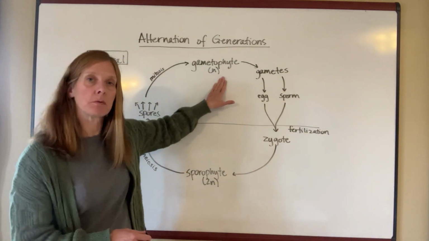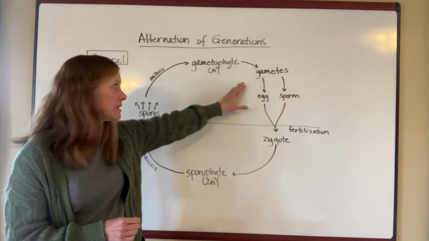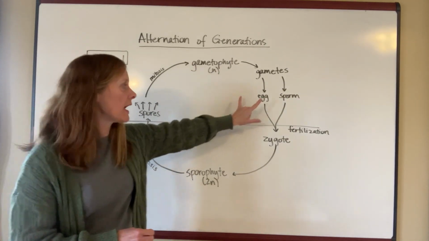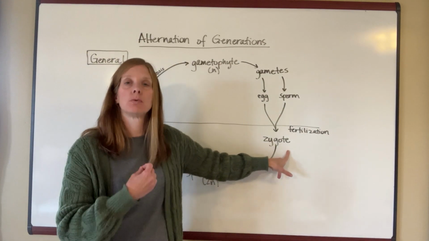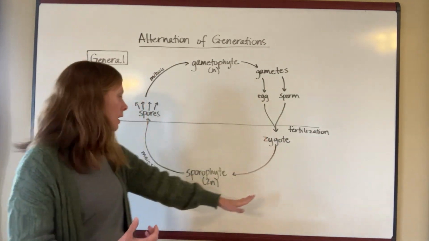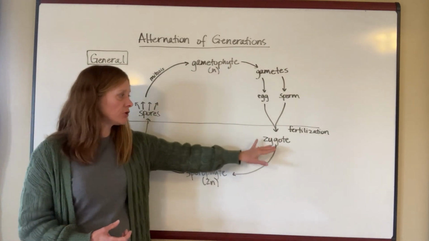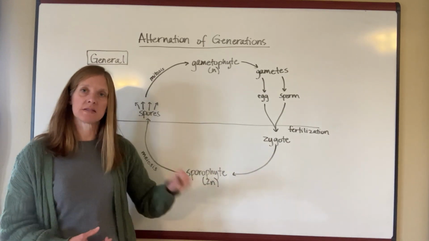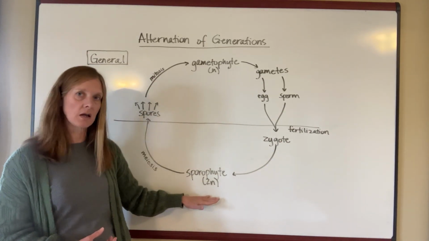Okay, so let's go over it one more time. The purpose of the gametophyte generation, which is haploid, is going to be to produce the gametes, which are egg and sperm. The egg and sperm fuse in fertilization to make a zygote, which grows into an embryo, which grows into a plant that is then called the sporophyte generation. Once it fuses and becomes the zygote, that cell is now diploid, and so all of these cells down here are diploid or 2N.